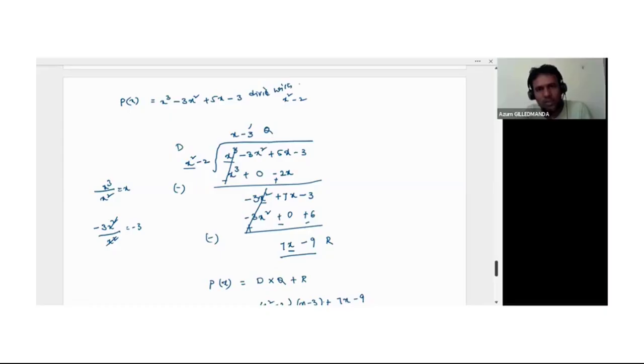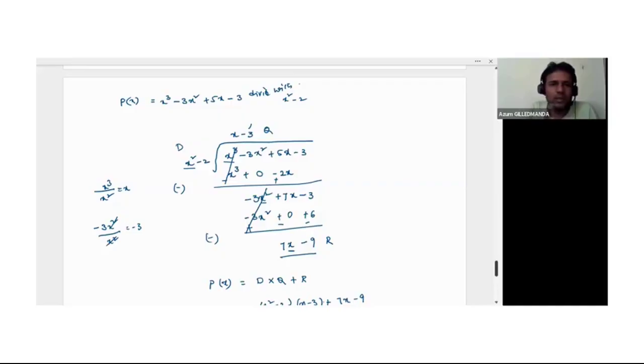With that polynomial, if it is still higher than or equal to the divisor's degree, x square or x cube, do another iteration, same as we did earlier, and reduce it until we get to an x term or a constant term, or a term which is lower than the degree of the divisor. At that time, we can stop and that will be your remainder.